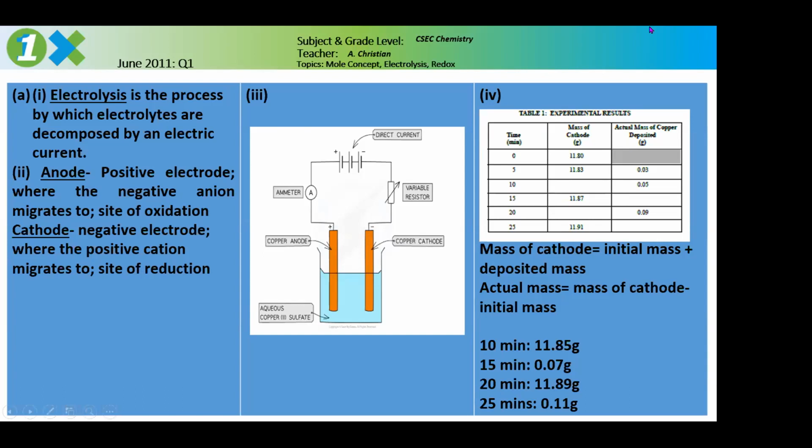It may or may not have a resistor. So that's optional in the diagram. But what is important is that you have your two electrodes that are completely or at least deep inside your electrolyte. If you just draw your electrode and cut it off here and it is not touching the electrolyte, you will not get a mark for it.